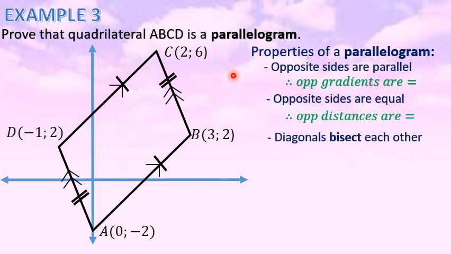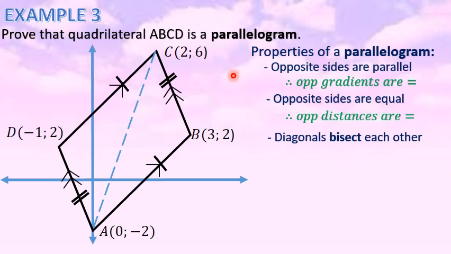Then last but not least, and this is my favorite one, the properties of a parallelogram state that the diagonals of a parallelogram bisect each other. Now, what does it mean to bisect? It means to cut smack bang in half. So that means, doesn't the word bisect link up to the concept of a midpoint?